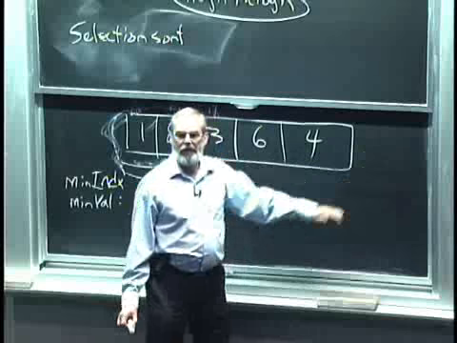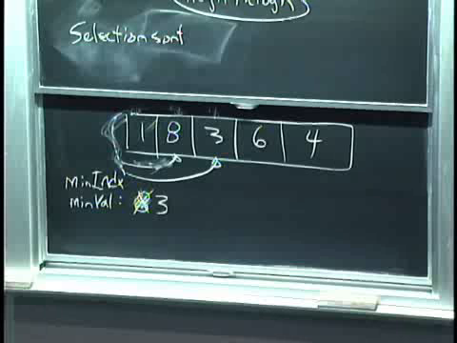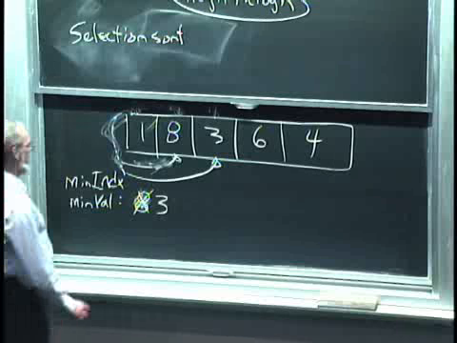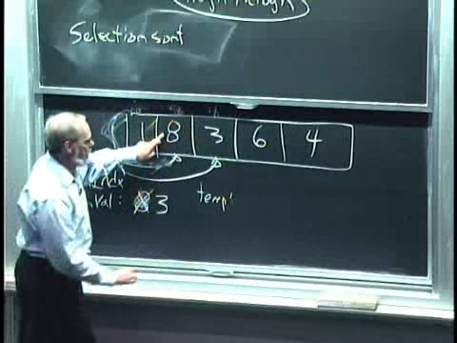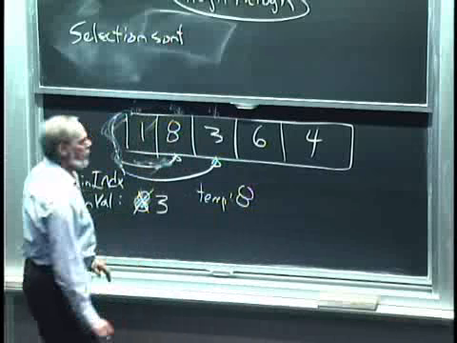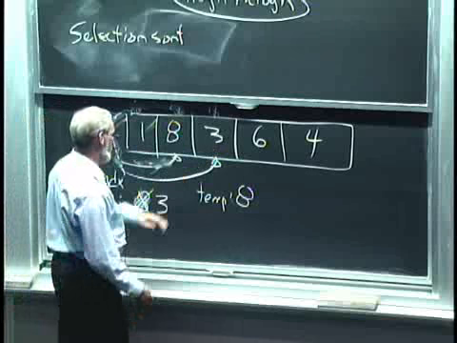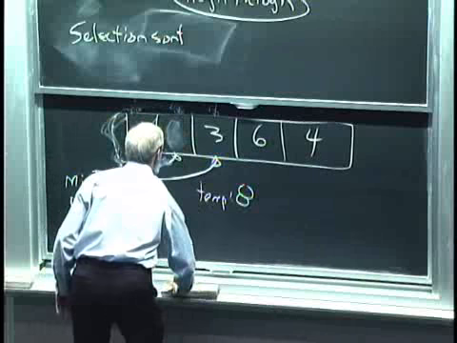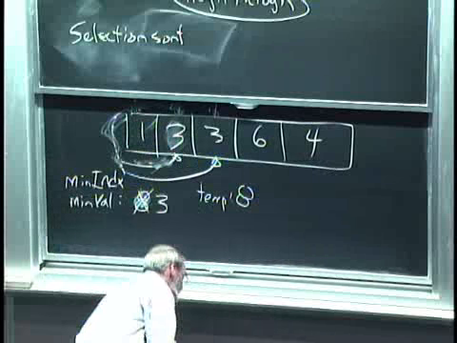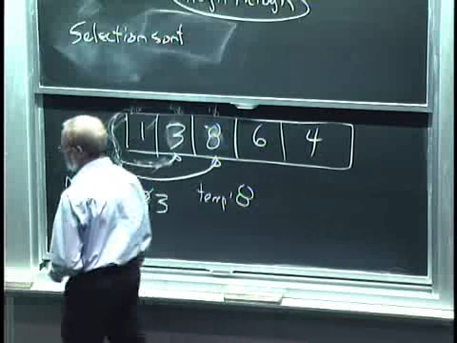Get to the end. And when I get to the end, what do I do? Well, I take temp and store away what's here, which is that value, and then take what min index is pointing to and stick it in there. Finally, replace that value.